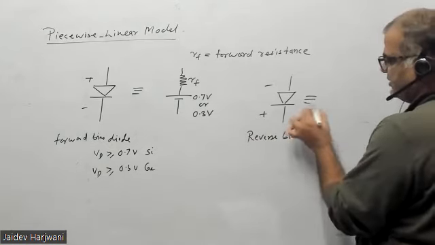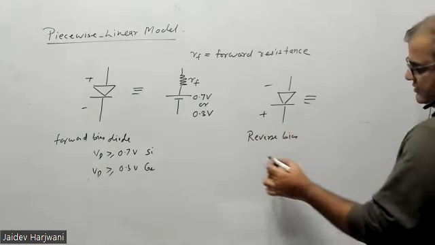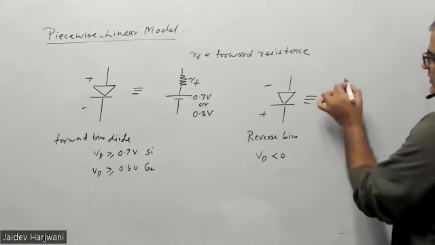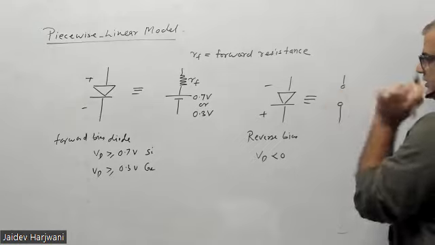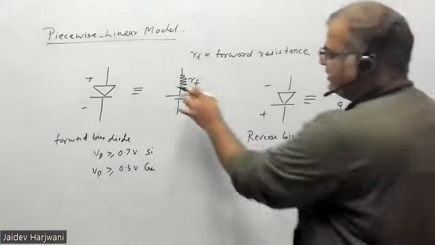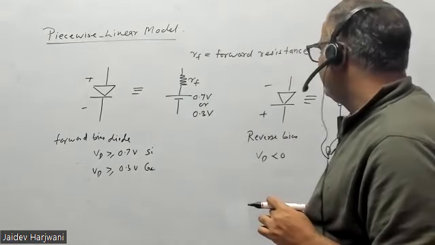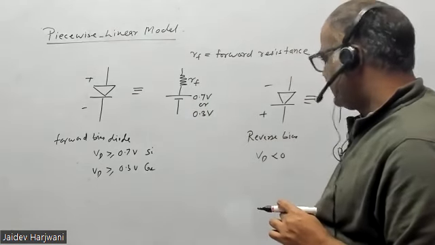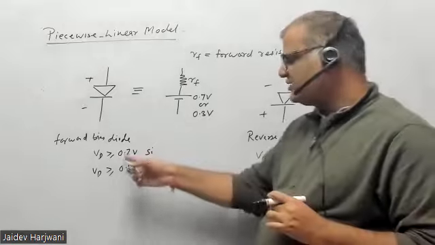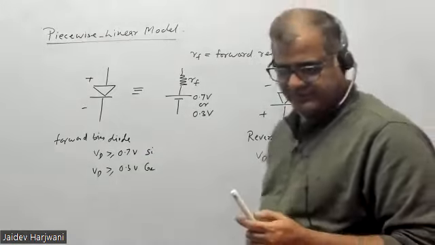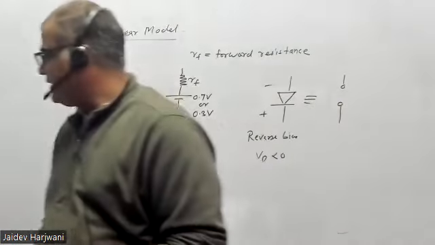Then you can replace the diode, that is VD is negative, by an open circuit. Same way, only now additionally one resistance will come, and that value will be given to you. And if your voltage is less than 0.7 volt for silicon, then also this will be open. So that you have to keep in mind.